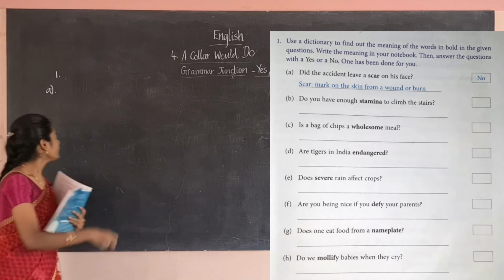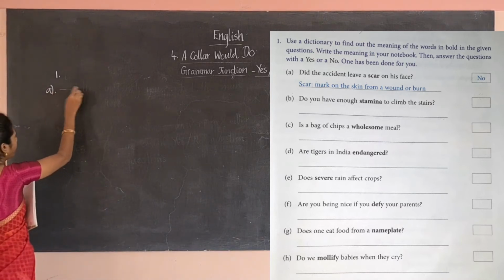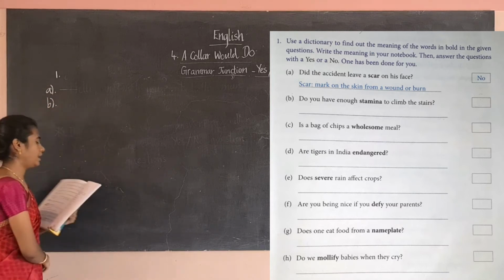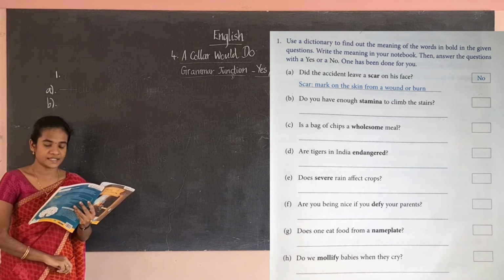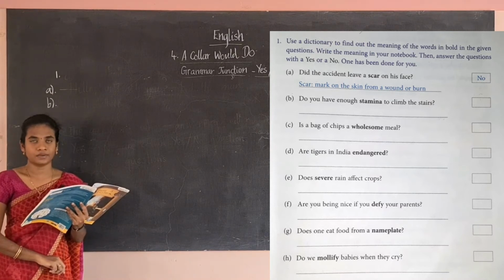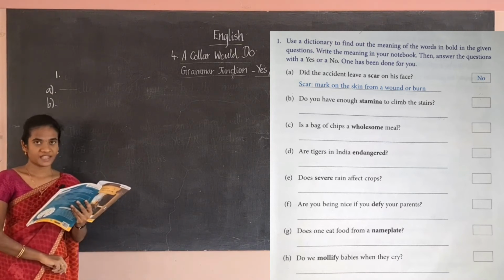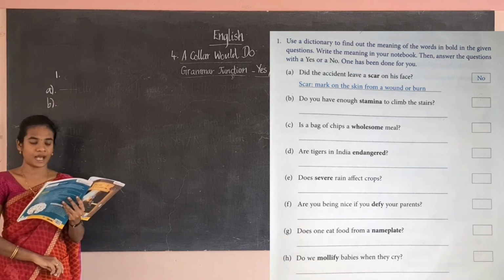They have already given that. Then B: "Do you have enough stamina to climb the stairs?" Here the word in bold is stamina. What is stamina?